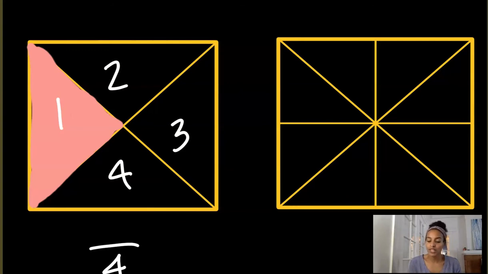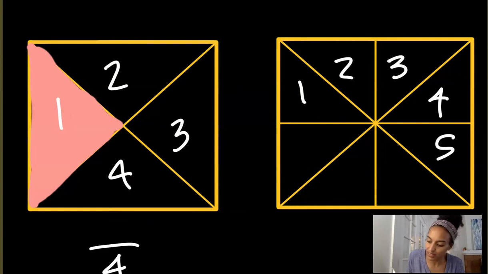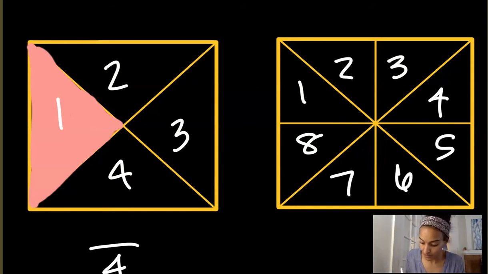Then I move over to my next square. Again, the same size as my first, but it's been divided separately. Let's count. 1, 2, 3, 4, 5, 6, 7, 8. Okay, so my denominator for this square is going to be 8.